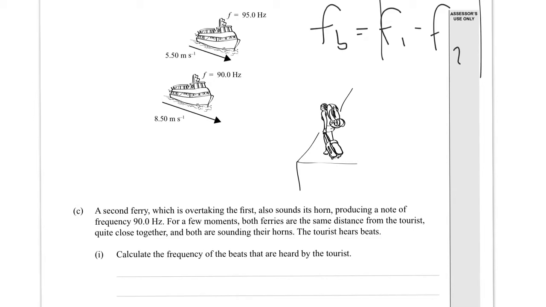For the first one, I think we've already calculated the f' value for that heard by the tourist. So f' for boat A, or boat 1 if you want.